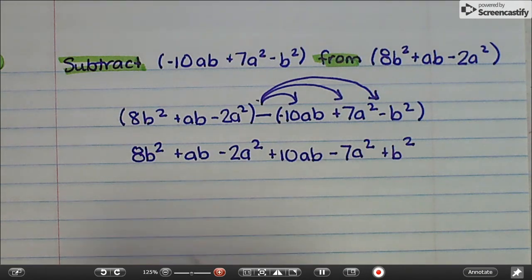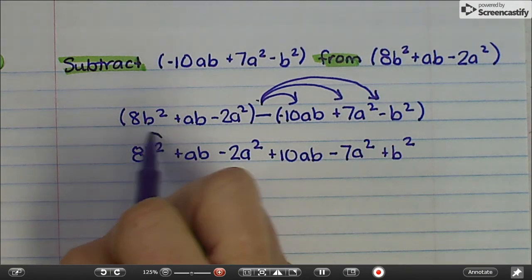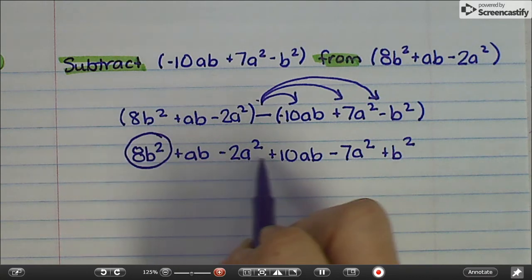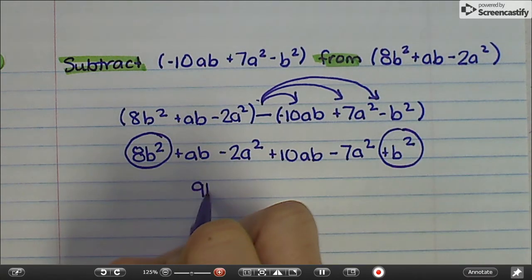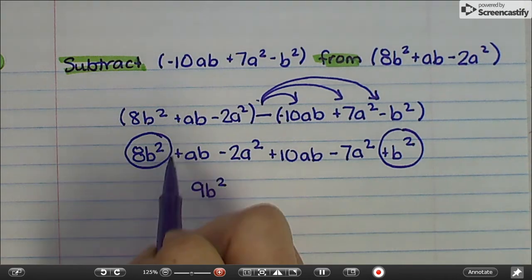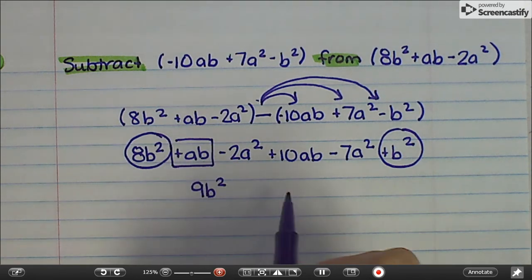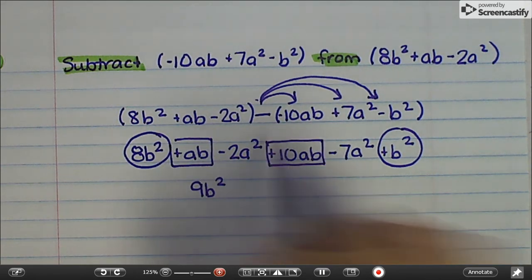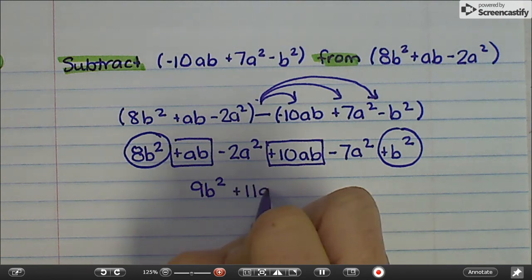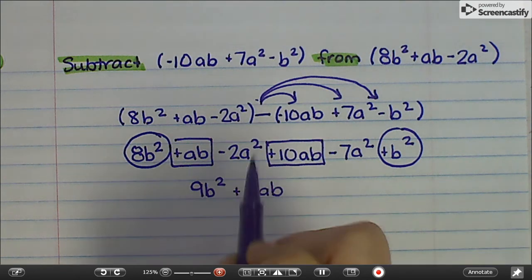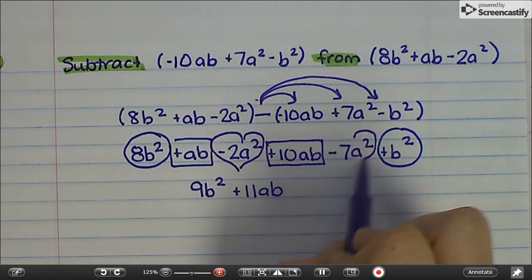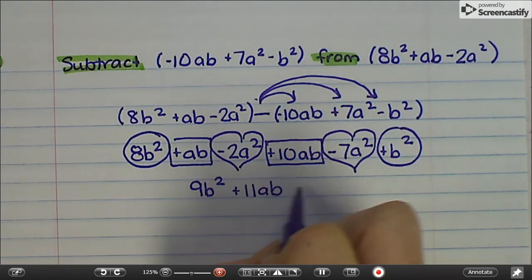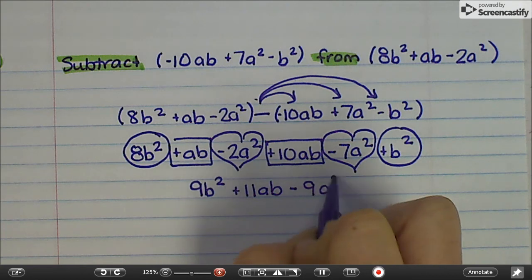Now we're going to combine like terms. So we have 8b squareds and 1b squared. So that's 9b squared. 1ab and 10ab, so 11ab's. And negative 2a squared and negative 7a squared is negative 9a squared.